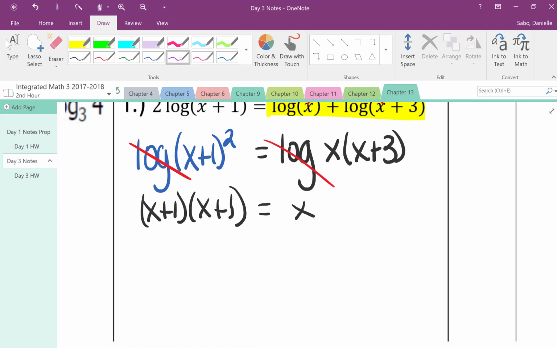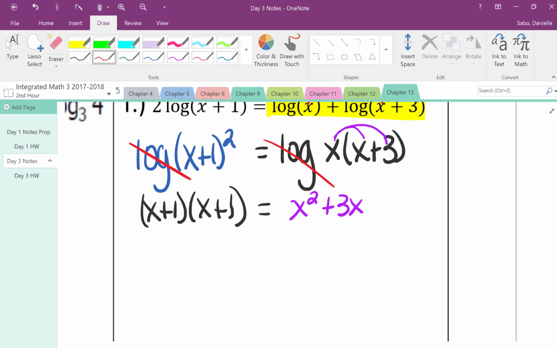Let's distribute this one to make it easier. X times x is x squared, and then x times 3 is plus 3x. I'll erase this to make it the same color. Now, this is double distributing, or FOIL if you know it as FOIL: first, outer, inner, last.